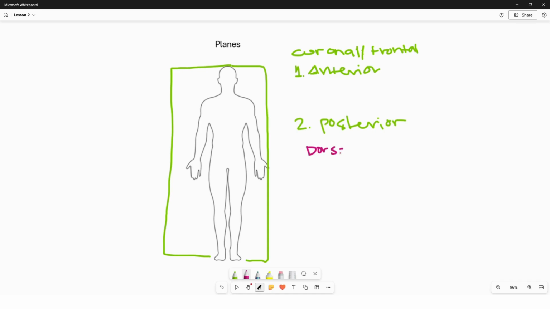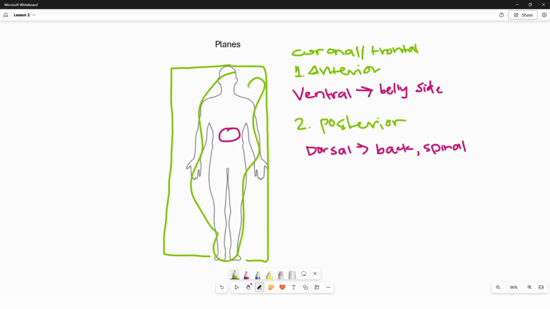So you can think of dorsal fins in dolphins, and dorsal is specifically back / spinal. Okay, and then same thing for ventral, except ventral pertains to the front of the body and it means belly side. So if you're saying ventral, it would be right here, and anterior would be everything else.